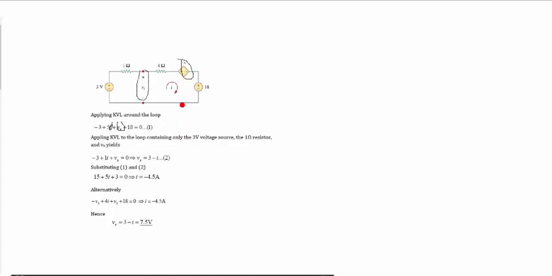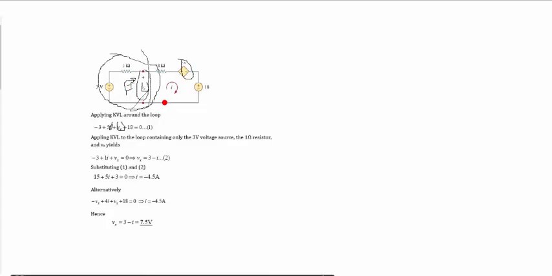So what you can do is go back and do a Kirchhoff's voltage law loop only around this branch. This will help you get an equation for Vx. Once you have an equation for Vx, you can express it in terms of I. So there will be an I here.